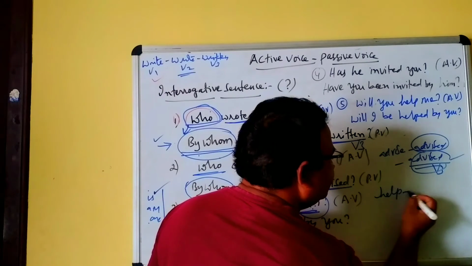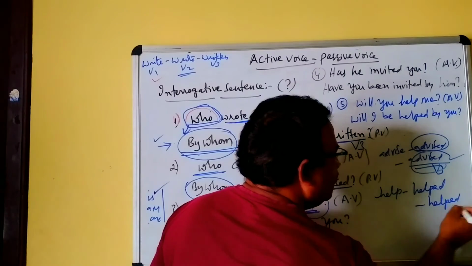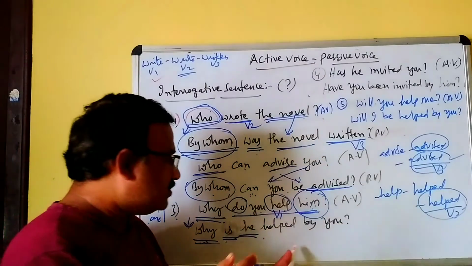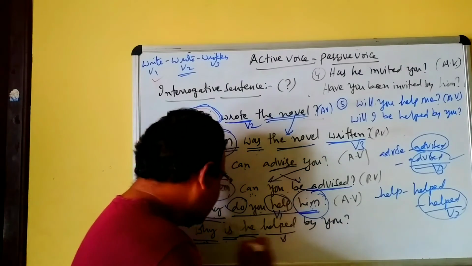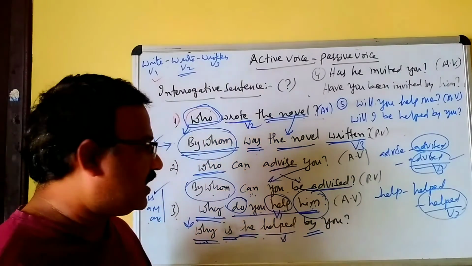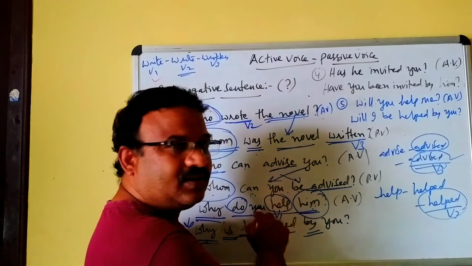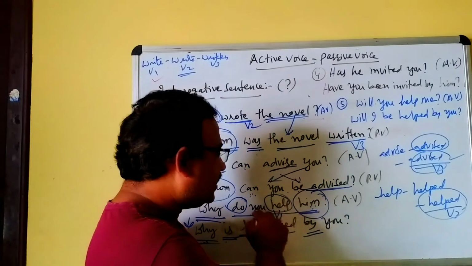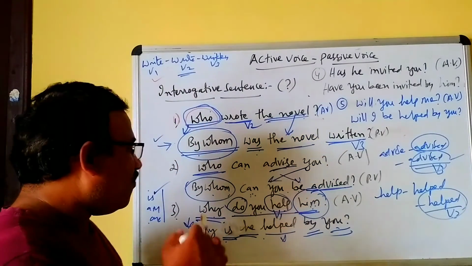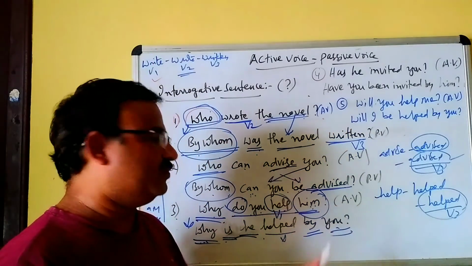Help, helped, helped. So we must use V3, past participle. Why is he helped? The preposition by. And next you. Here the subject will become object. So why is he helped by you?